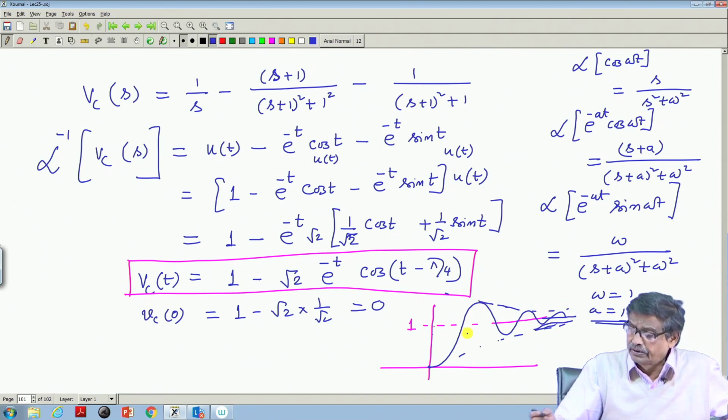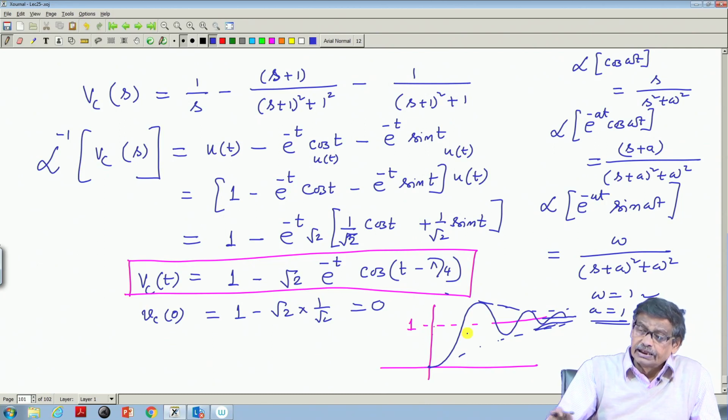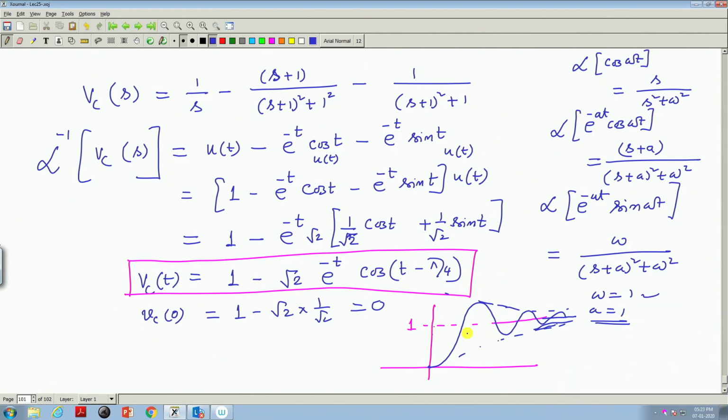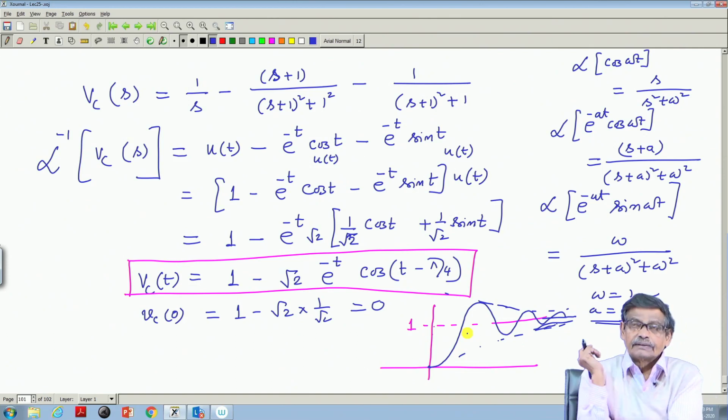So, it is called oscillatory response of the system. So, capacitor voltage will of course be equal to 1 final value, similar to the previous example, but in the previous example there were no oscillations. As a general thing we will do that, but for these two examples, as you can see, you can find out the voltage of the capacitor.